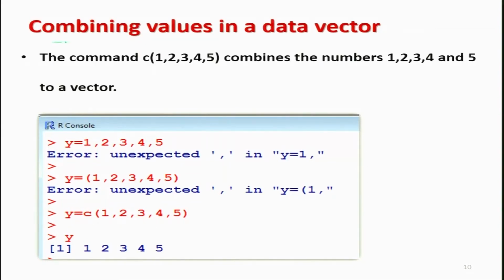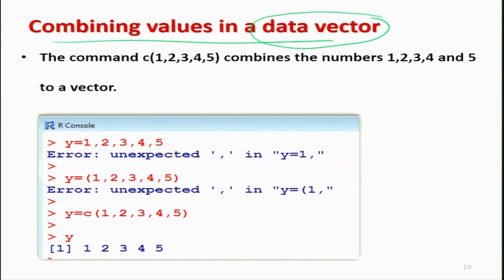This is about combining the values in a data vector. Now you see, I am using a new terminology, data vector. Don't get confused with the word vector. We have vectors in physics, vectors in vector calculus, etc. But this is a data vector. Data vector means it is trying to combine more than one value.